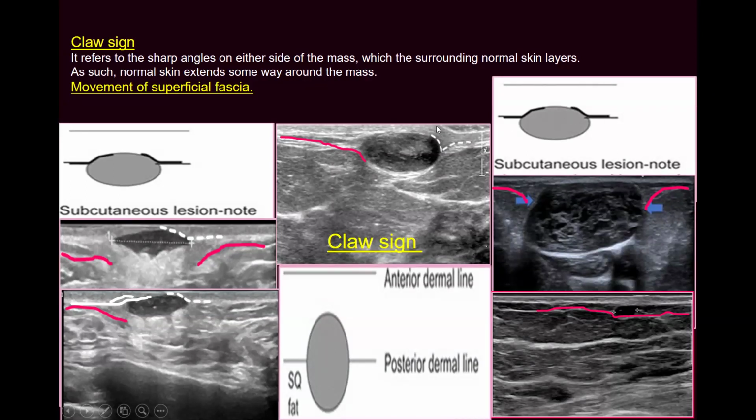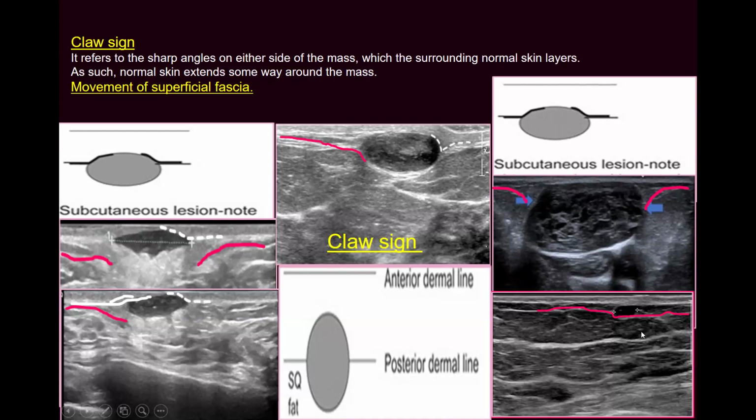When the lesion does not arise from the skin but from the subcutaneous tissue, the angle will be an obtuse angle, as in these 2 examples, which are pathologically proven to be dermal cysts but arise in the hypodermis.